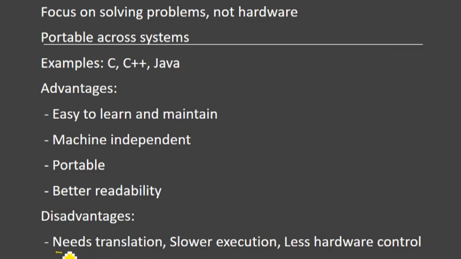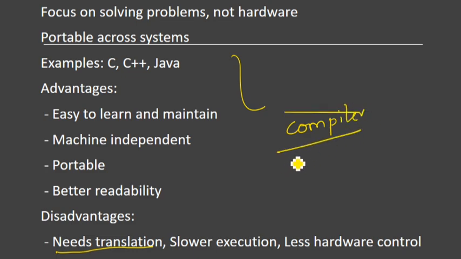But what's the disadvantage? It needs translation. Just now I wrote a program in C language, which is a high level language. In order to convert high level language into machine language, I should use the compiler. The compiler converts high level C language into machine understandable language. So compilers are required.